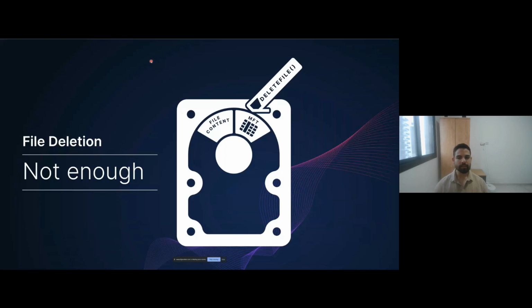And in this table, it just marks a certain entry as free. Now, this entry is just a pointer to the file content. So really, the delete file API function does not delete the content of the file itself, but just the pointer to it. So this is the difference between a deletion and a wipe.